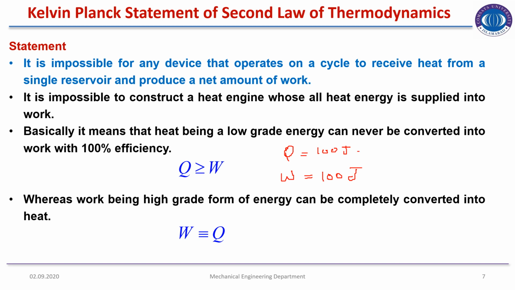If you want to convert 100 joules of thermal energy into mechanical work, that will always be less, so let's suppose you convert 90 joules into mechanical work. Whereas if you have 100 joules of mechanical energy, then you can convert it 100% to thermal energy.